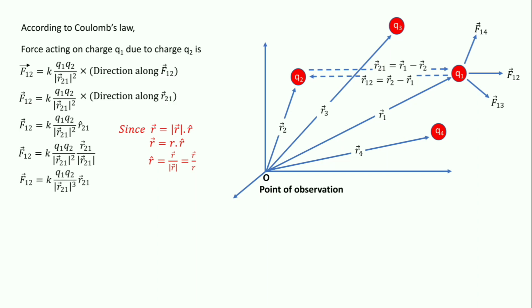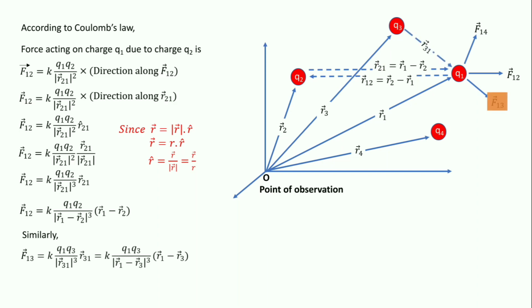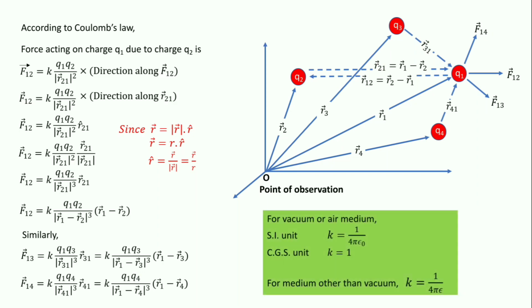Now we can write the displacement vector r21 in terms of position vectors, that is, r1 vector minus r2 vector. Similarly, we can find F13 vector and F14 vector. Here the value of k, the constant of proportionality, for air medium, in SI unit, is 1 by 4 pi epsilon naught, and in CGS unit, it is 1. For a medium other than vacuum, it is 1 by 4 pi epsilon.